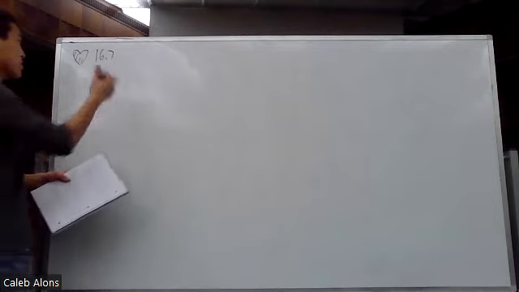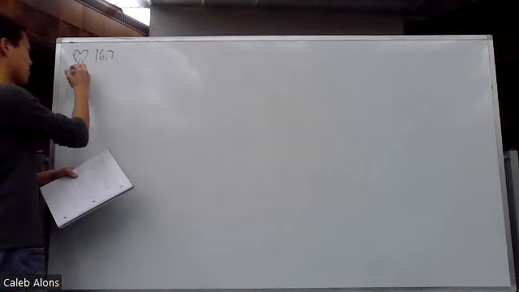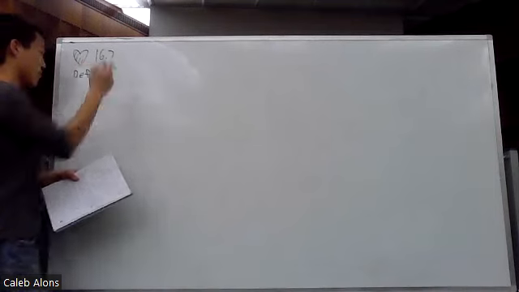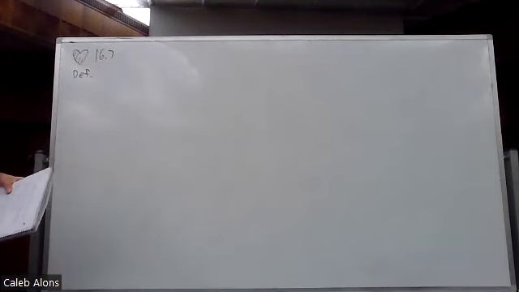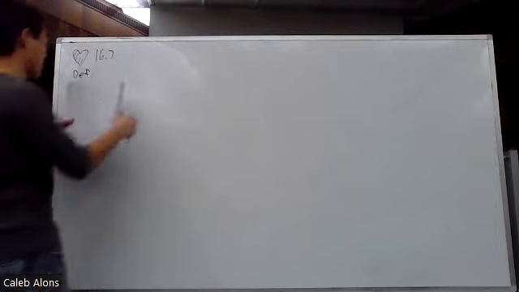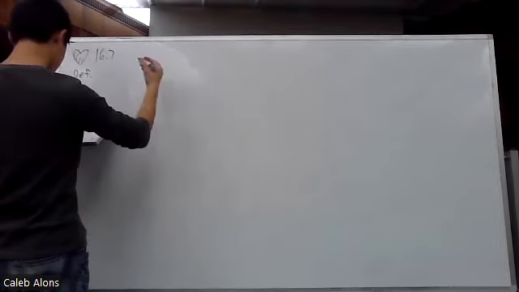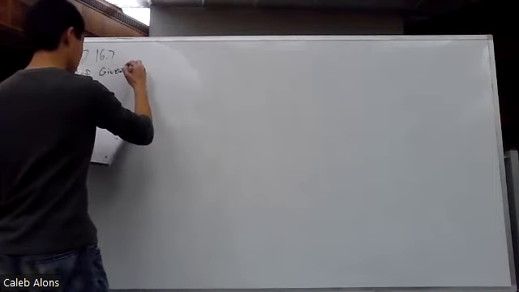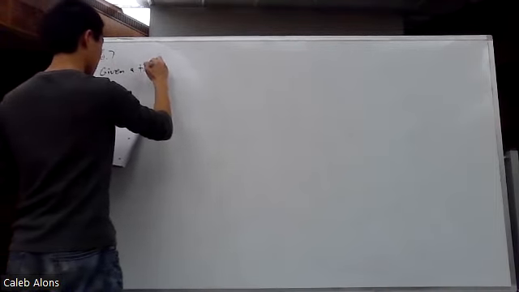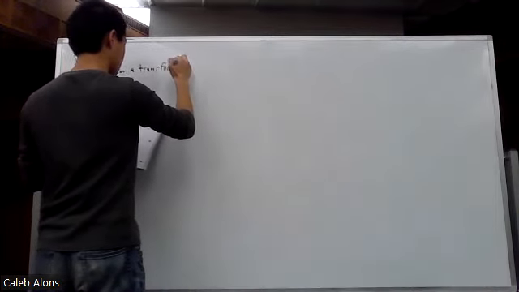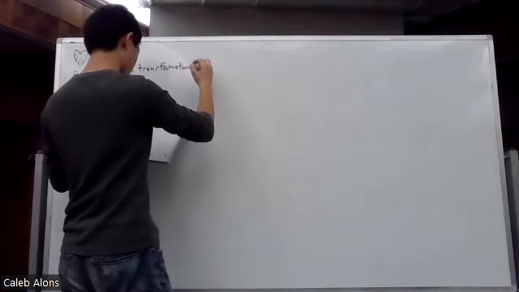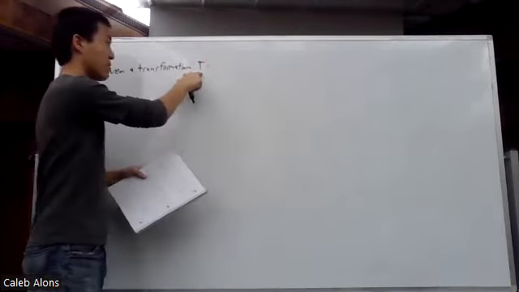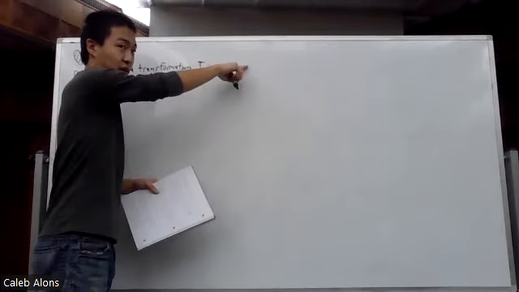Okay, so what I'm going to put up here is going to be more oriented toward, it's important, but it's definitely more if you're looking for an extra letter grade on an exam. So given a transformation T, we've given the name to our transformation, I'm about to give its definition.